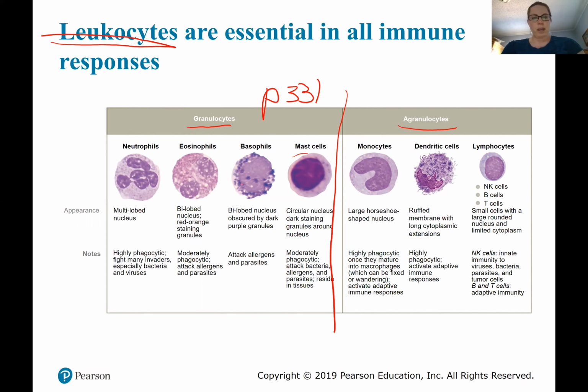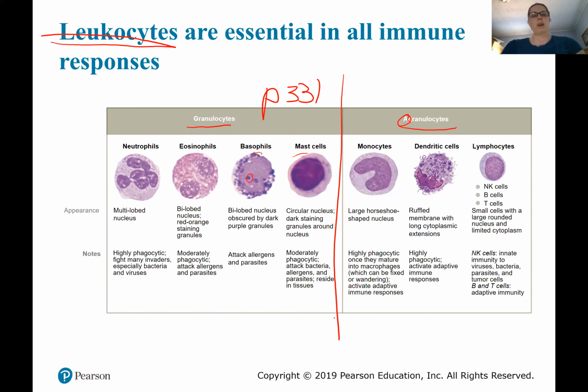A lot of big grains on here, versus these others, and in science, remember A means without, these others are not grainy looking under the microscope. And again, these aren't my favorite pictures because they all kind of look grainy to me. But those are the different categories that we could categorize white blood cells in.